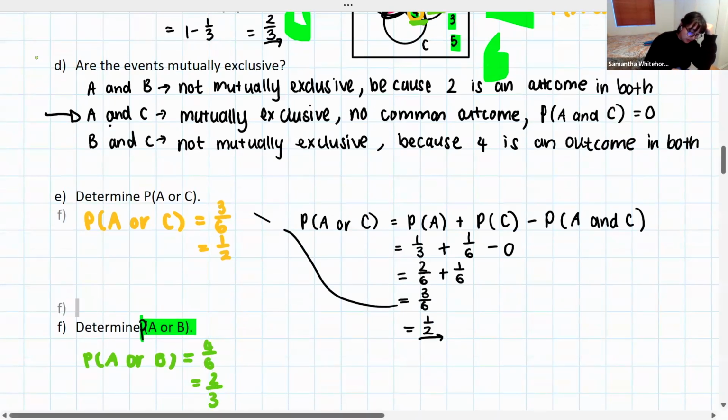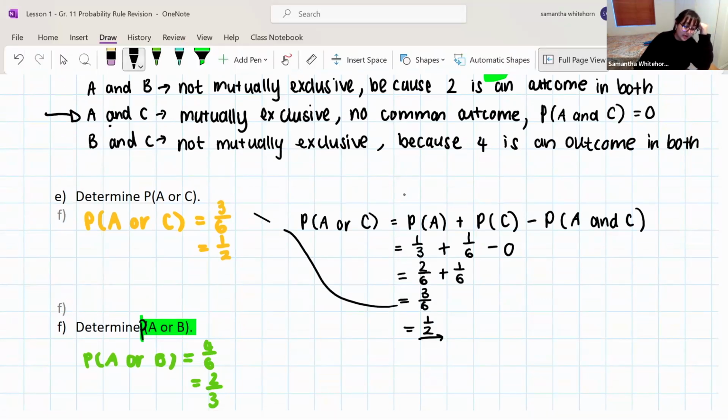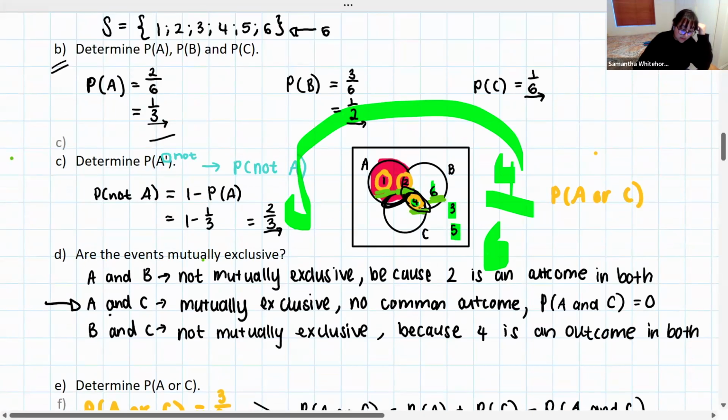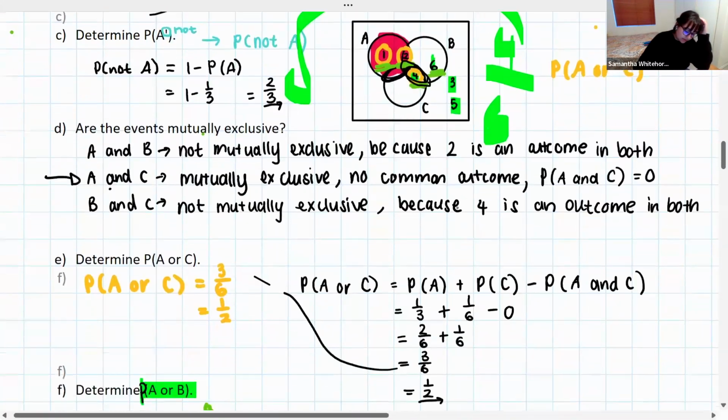Or you're going to use the probability rule like we did in the last question. What you need to bear in mind now, though, is there is an intersection between A and B. There is one outcome that is common to both of those, the 4, and we need to accommodate for that.